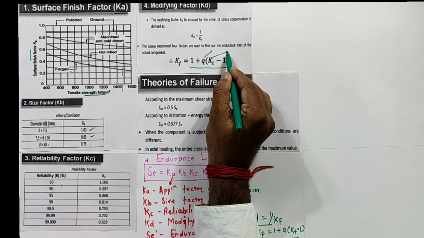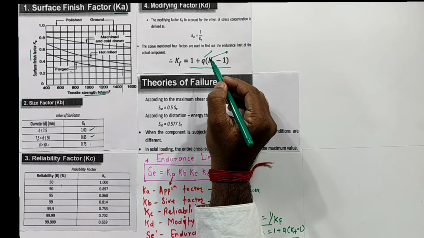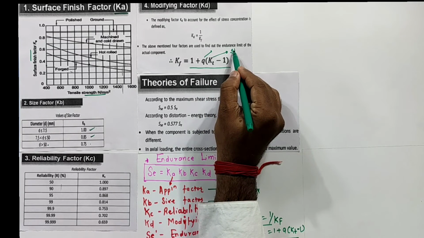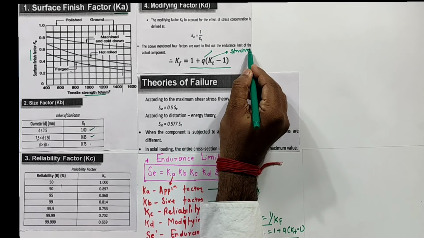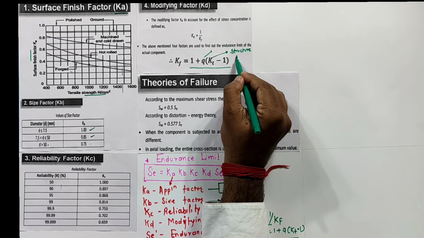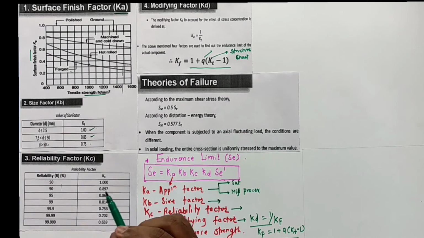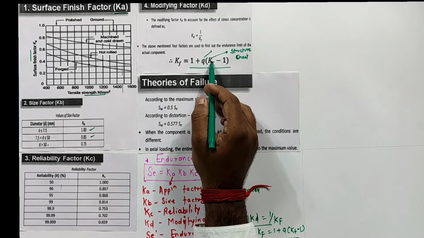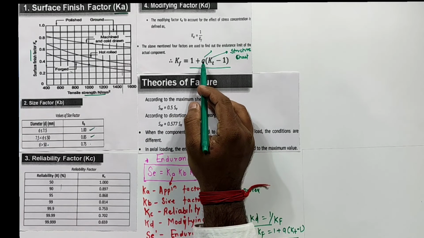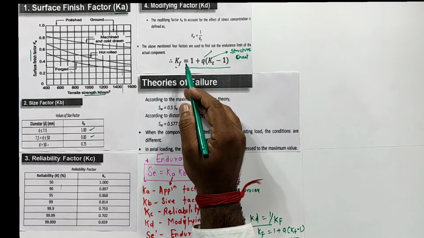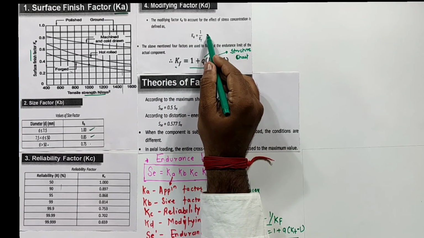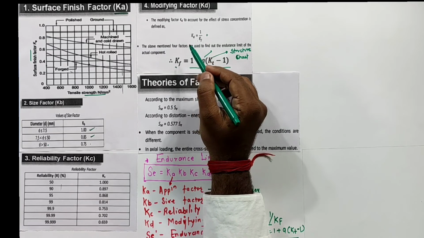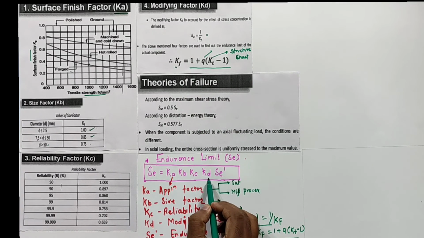But for KT, as we have seen in previous numericals, we must know the structure, and through that structure we use the charts. There are 5 charts; out of those we use either chart 2 or chart 3, as per the structure. Through the chart I find KT, then Q is given or taken from the chart, and we get KF. Once we get KF, we get KD, and we put it here.